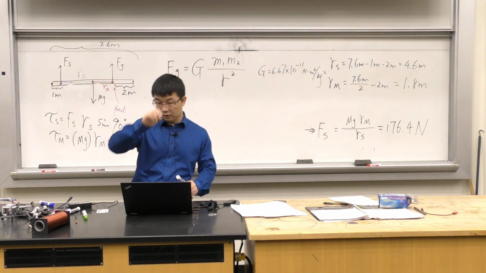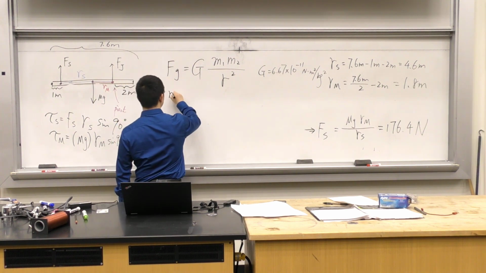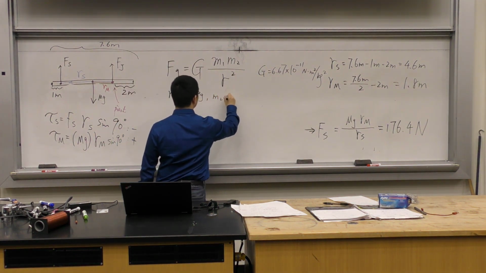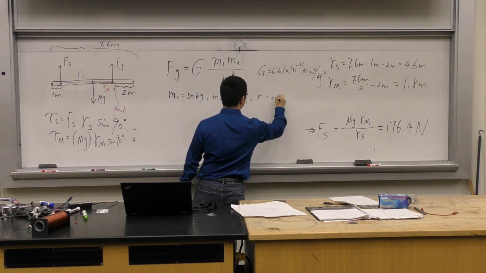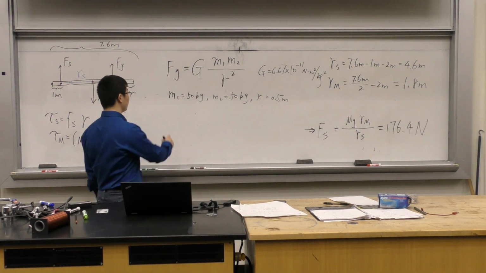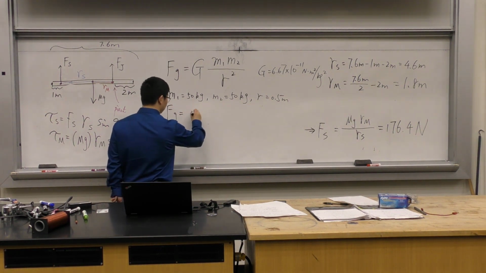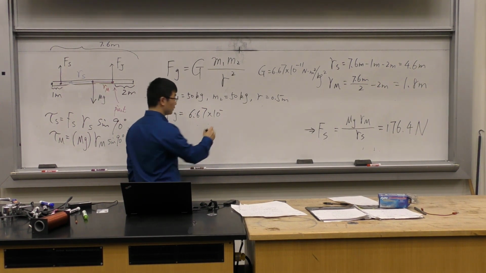All right, so if you plug all the numbers in, m1, 50 kilograms, m2, 50 kilograms, r, 0.5 meters, converted to SI units, you will find the force between these two people is going to be 6.67 times 10 to the negative 7th Newton.